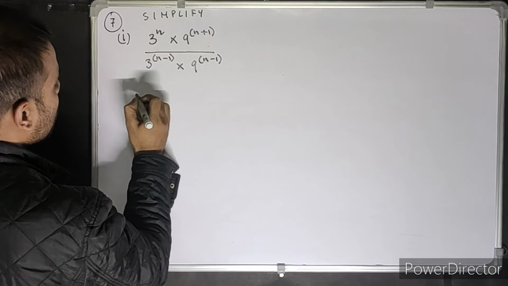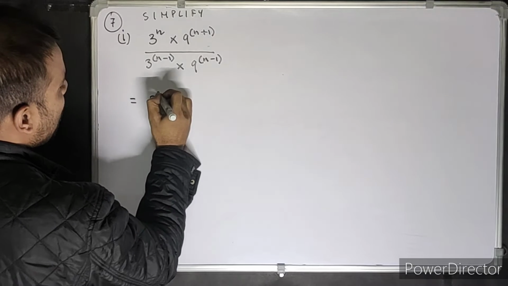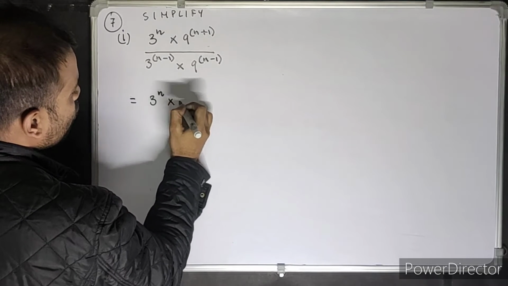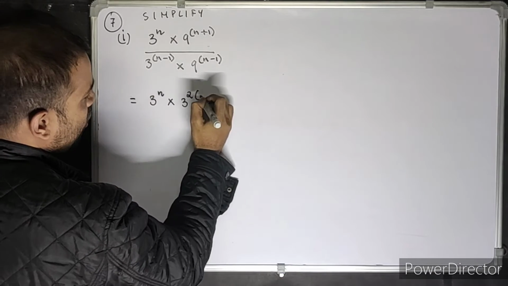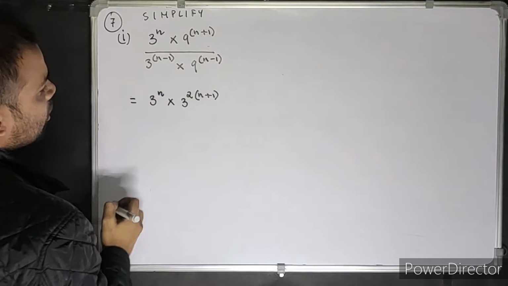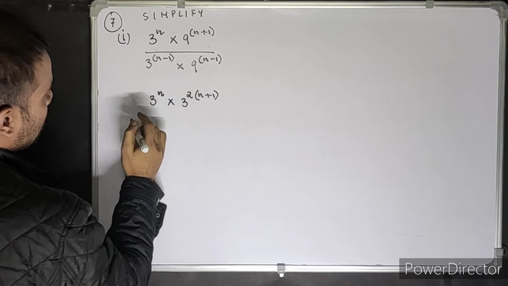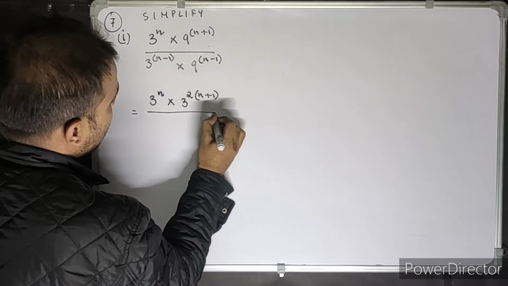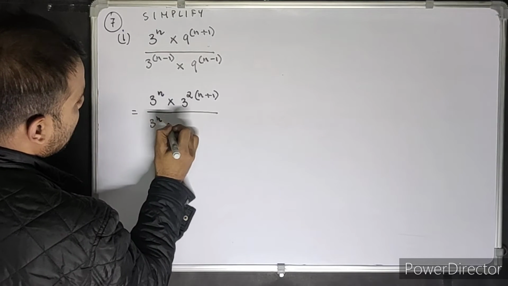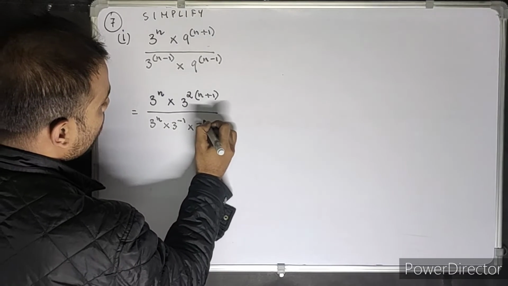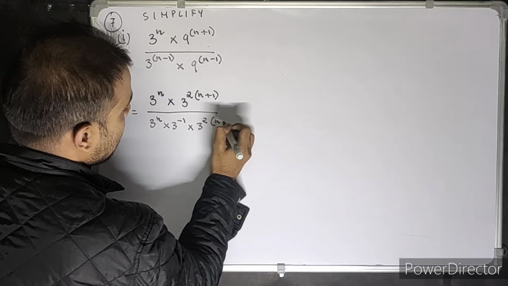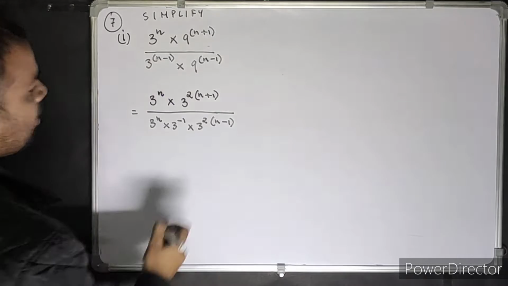You will get 3 to the power n into 3 to the power 2, 3 to the power 2 is 9, n plus 1, divided by 3 to the power n into 3 to the power minus 1 into 3 to the power 2n minus 1.